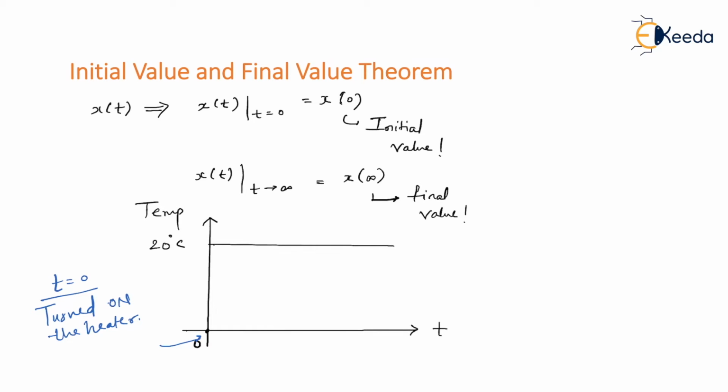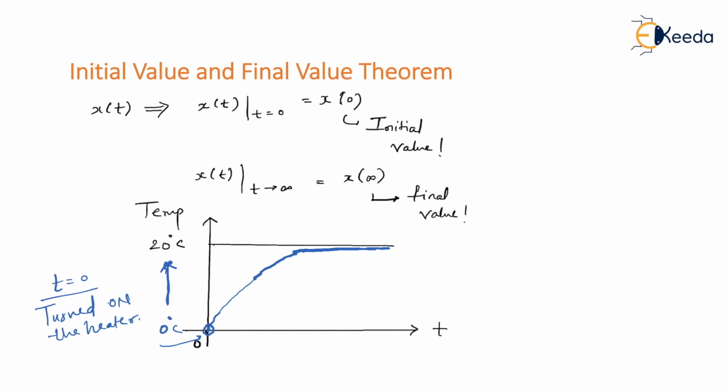Hypothetically assume that the temperature was 0 degrees Celsius at t equal to 0. So this is indicating 0 degrees Celsius and this is increasing in nature, am I right? Since the heater is turned on, slowly the temperature is increasing with respect to time, and eventually it will become 20 degrees centigrade.